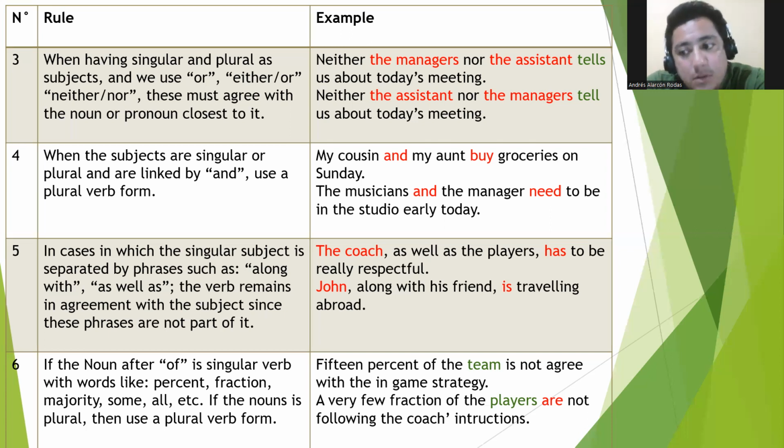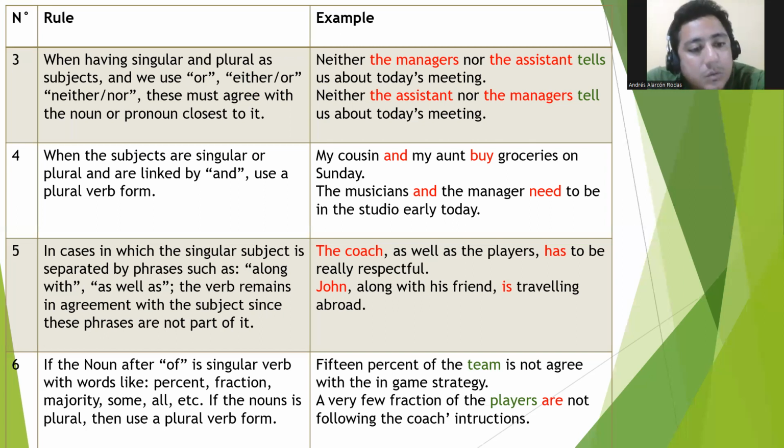The other example, the musician and the manager need to be in the studio early today. So in this case, I have the musician, singular, and the manager, singular, but they are linked by the conjunction and, so I have to use the verb as if it were a plural one. In this case, need. Okay, let's continue through rule number 5.